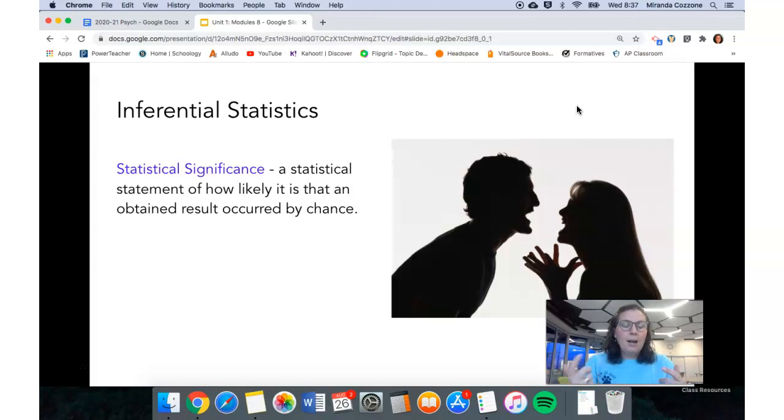But did they get a big enough sample? Did they make sure that their findings were not just due to chance? Did they make sure that they had similar types of people who were part of the study, or a diverse enough population to be part of the study? So it's important that if you're going to say something is true about a large population, i.e. men are more aggressive than women, that you make sure that you have enough statistical significance in order to be able to draw those conclusions.